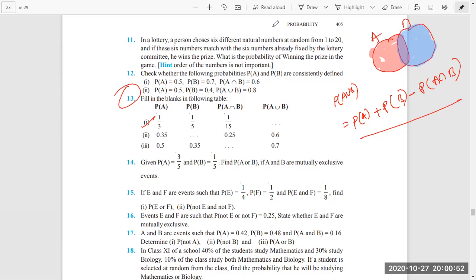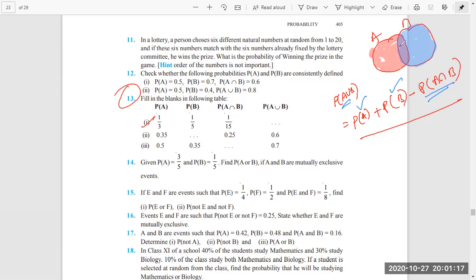So A union B contains all the elements of A and B, but not repeated. This common part is repeated when you are adding A and B individually, right?